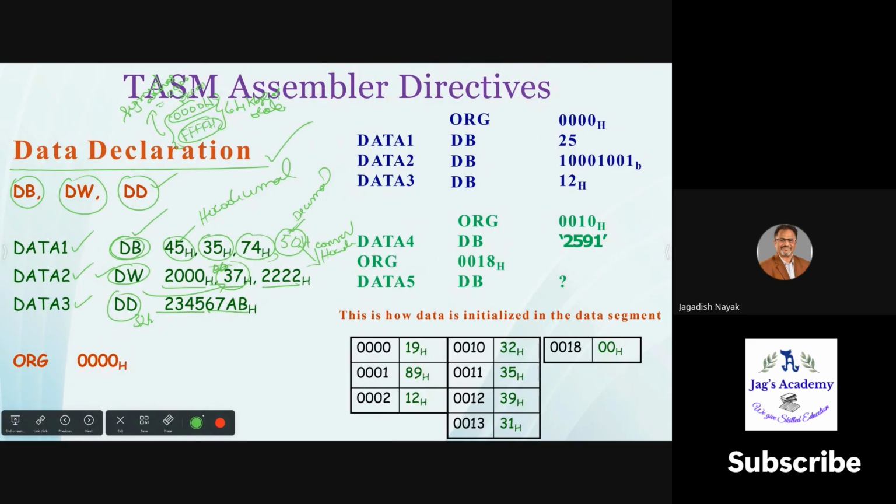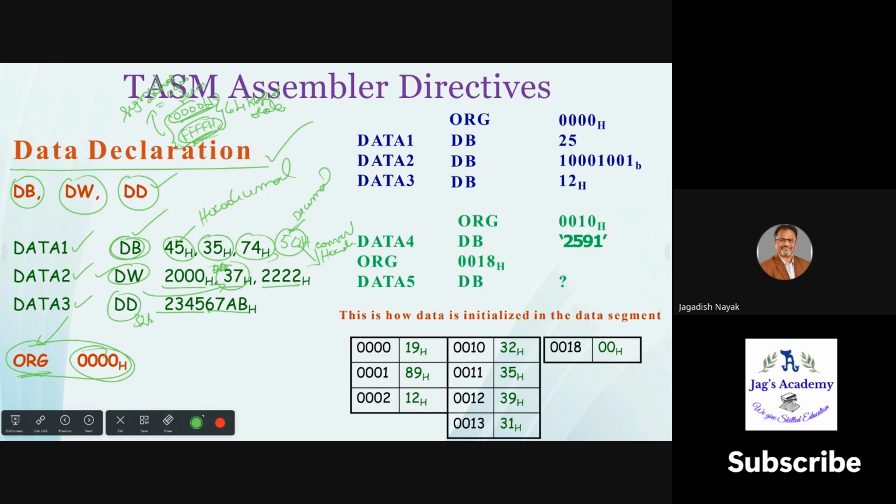Now, between this 0000 to FFFFH, where to start? From which offset address can you start storing the data? That can be controlled using an instruction called ORG. What does ORG do? The syntax of ORG is ORG followed by some 16-bit value.